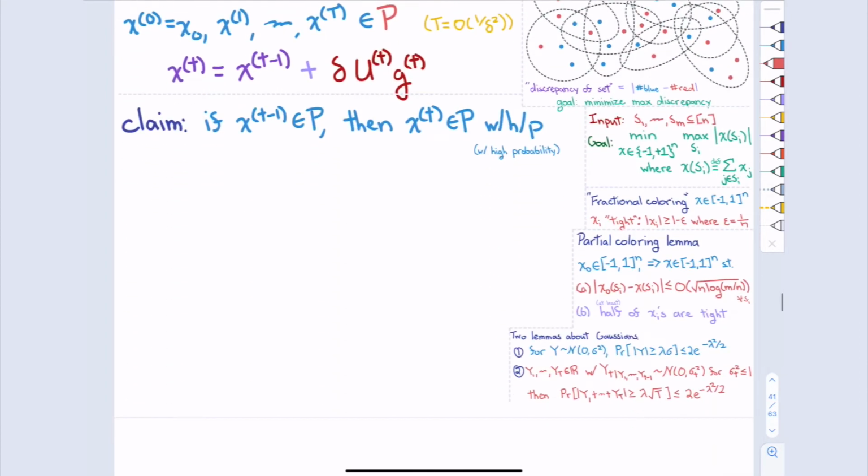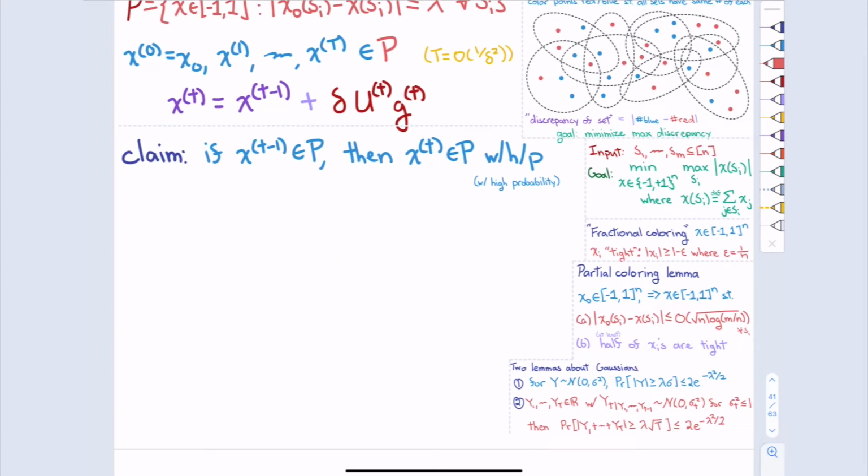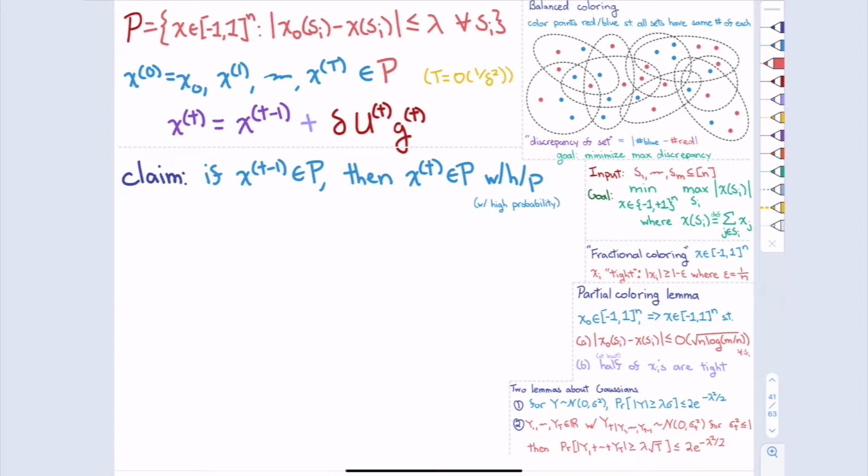Not good. All right, the first claim is if one step is already in P, then the next step is going to be in P. Okay. So anyone want to try to guess at a high level why this is true?